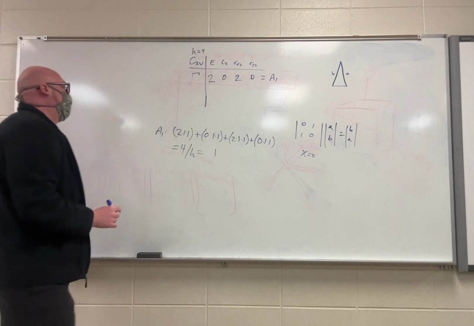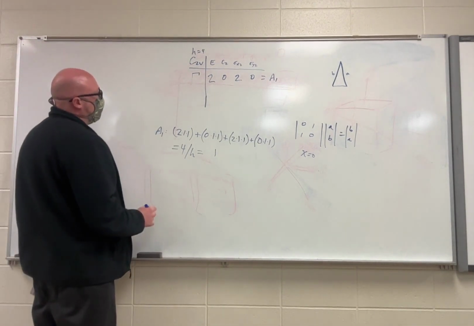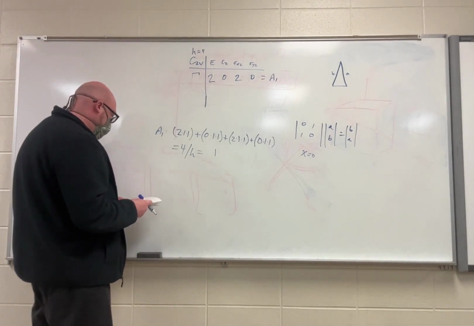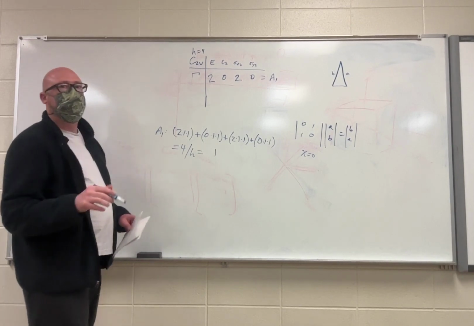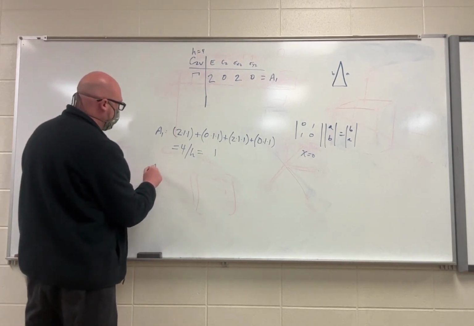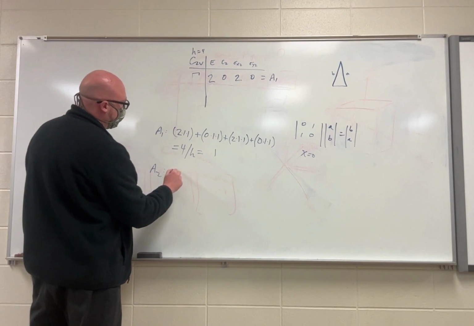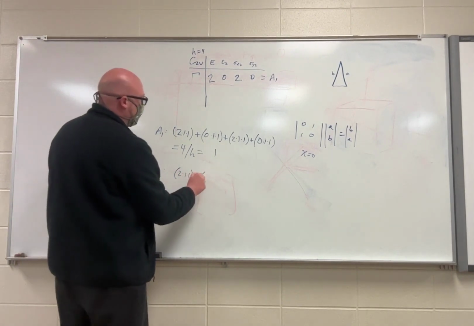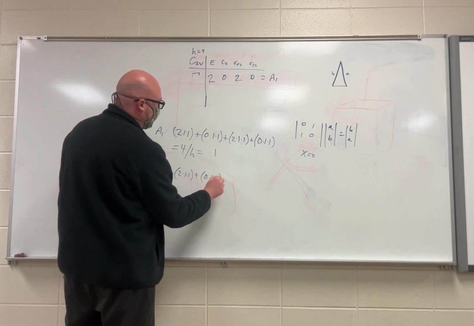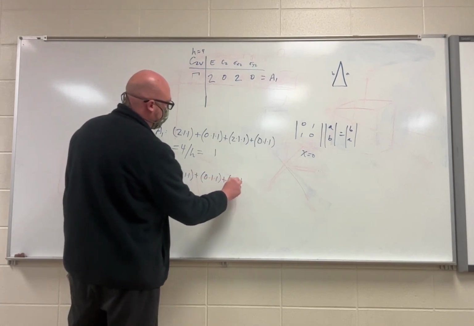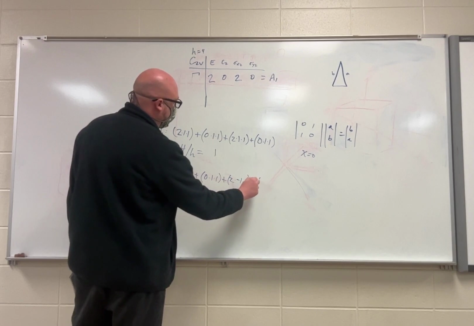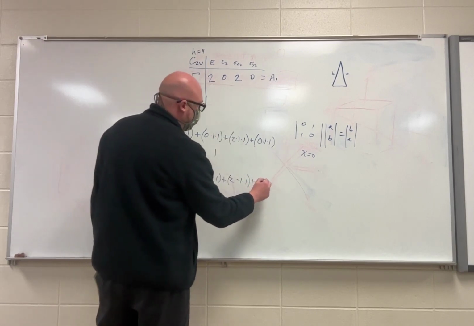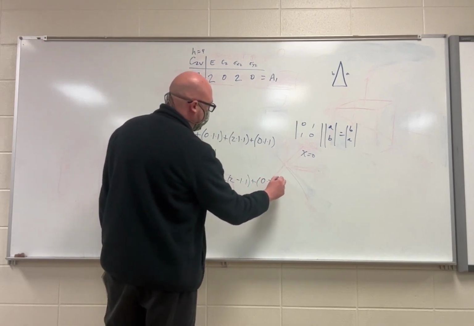Okay? And then the next one, A2, the characters are 1, 1, minus 1, minus 1. So we have 2 times 1 times 1, plus 0 times 1 times 1, plus 2 times minus 1 times 1, plus 0 times minus 1 times 1.